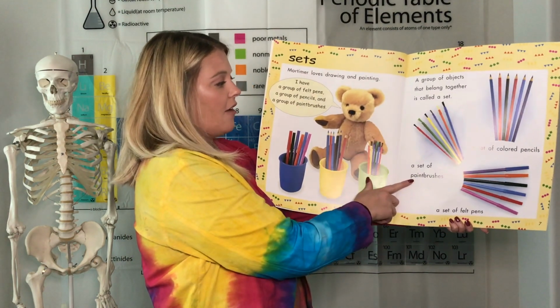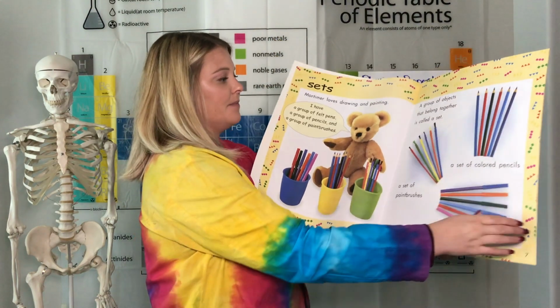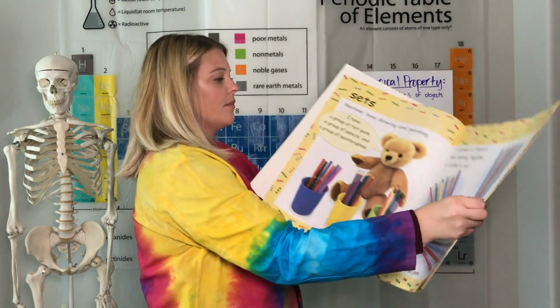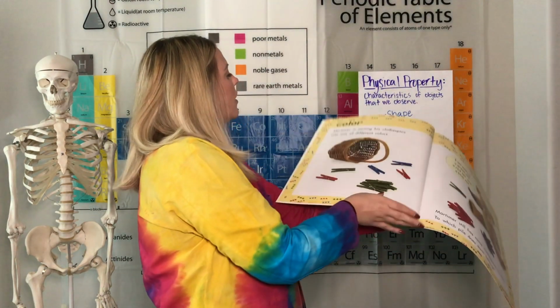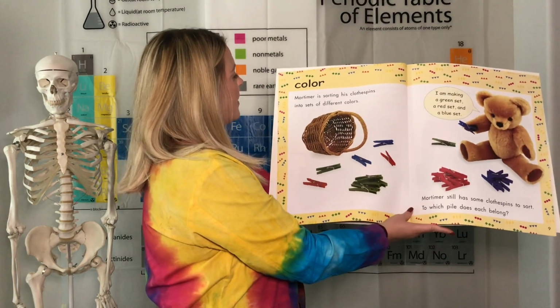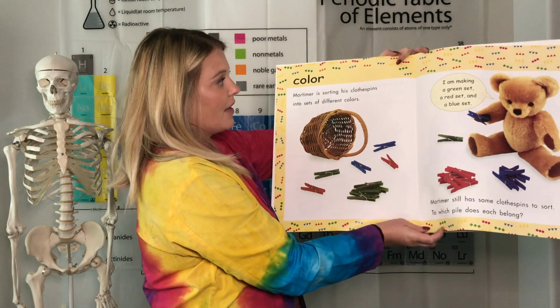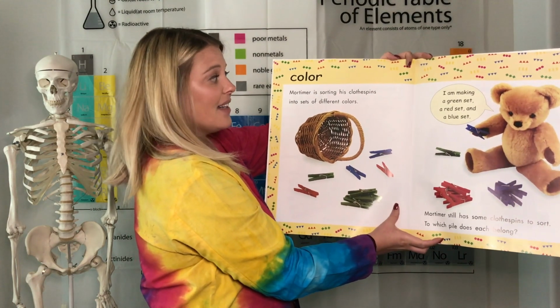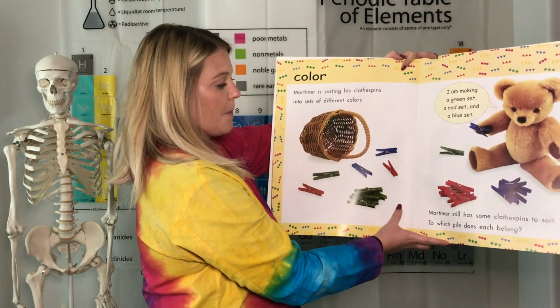A set of paintbrushes, a set of colored pencils. Mortimer is sorting his clothespins into sets of different colors. I'm making a green set, a red set, and a blue set.